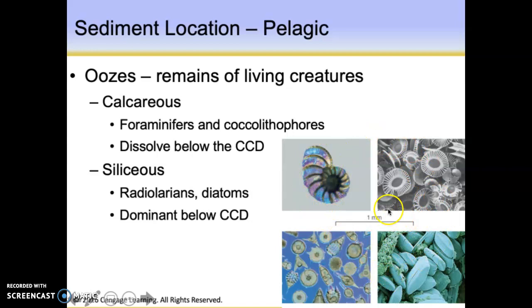So if you rain all these down on the ocean floor, there will be these shells mixed in, but the ones on top here, the calcareous shells, will dominate. The siliceous shells will be present, but they're just a small percentage.